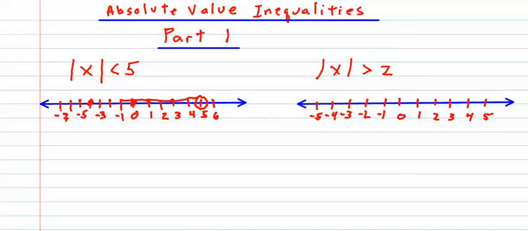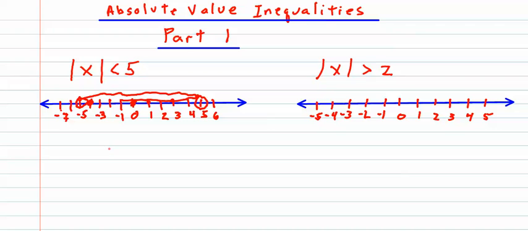But when we get to negative 5 and beyond, the absolute values are not less than 5. Absolute value of negative 5 is 5. That's not less than 5. The absolute value of negative 5.5 is 5.5. That's not less than 5. So our graph would be everything between negative 5 and 5.